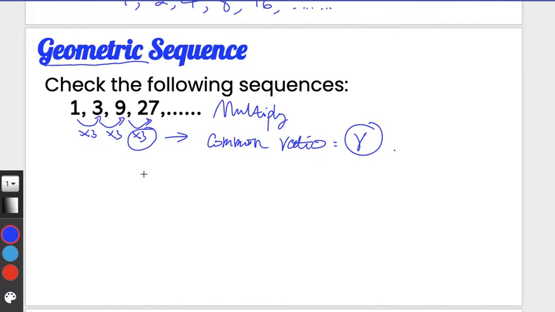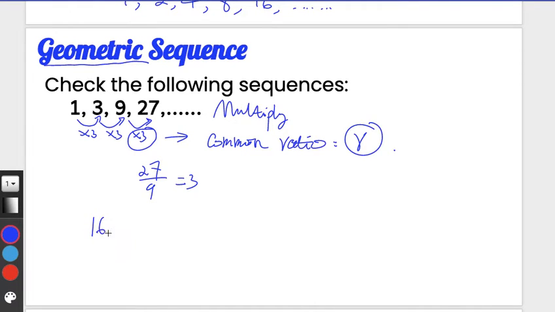If we find the quotient between them, this is considered the ratio. This common ratio can be any number. It can be positive, can be negative, can also be a fraction, and sometimes can even be less than 1.